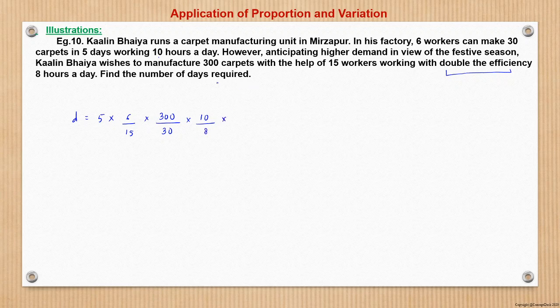And then the other variable we have added is efficiency. If the workers are more efficient, the number of days required would be lower. So that is an inverse relationship, right? If the efficiency is doubled, the number of days required would be half, 1 by 2. So now this we will solve.